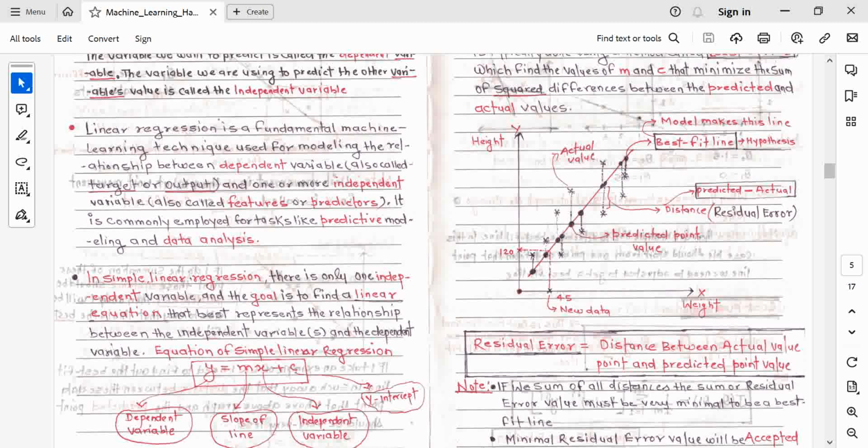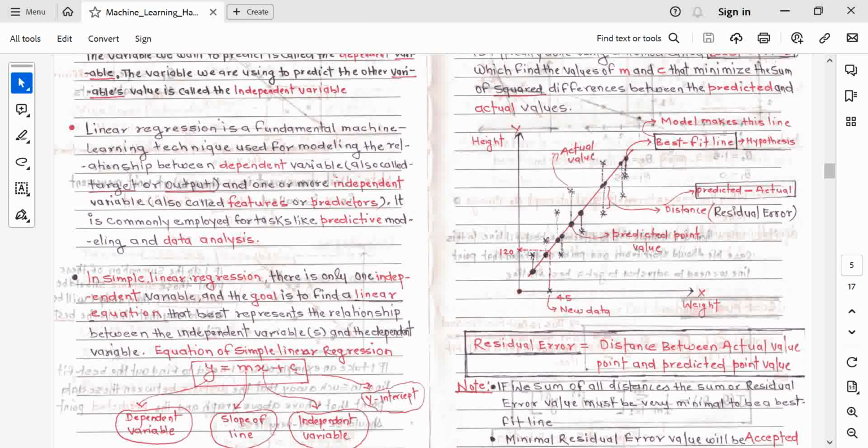These points are called the actual values, and the dotted ones are the predicted values.